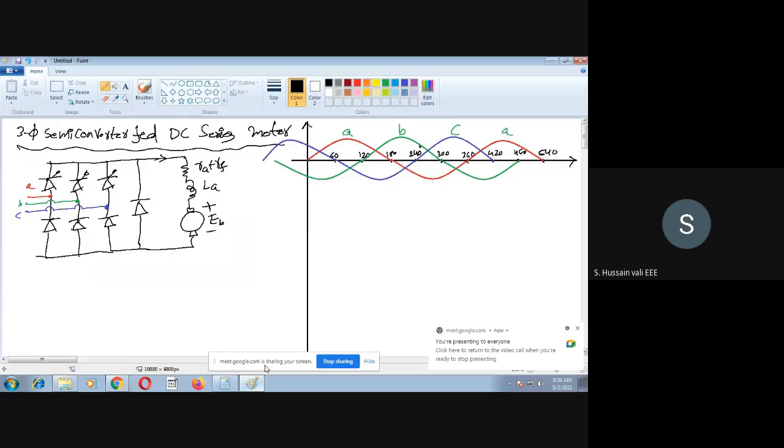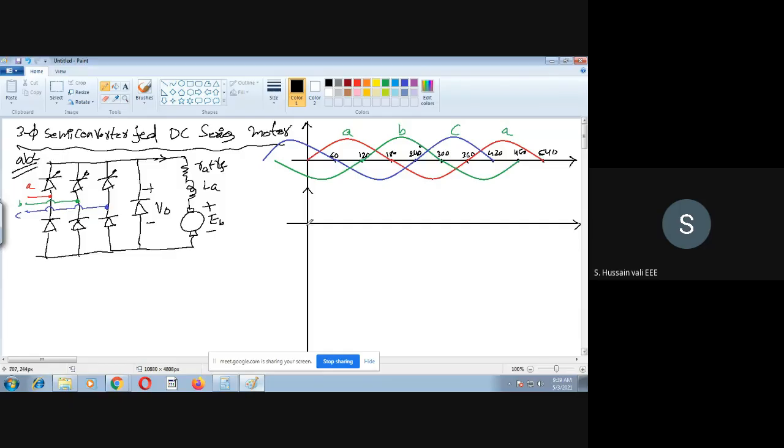So now you see here, we'll find out the output here. So V naught, and these are the supply voltage waveforms, all the three phase, and the phase sequence is ABC.